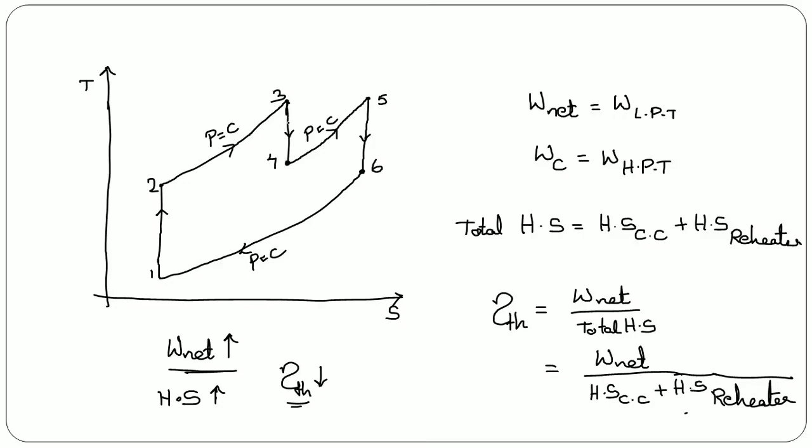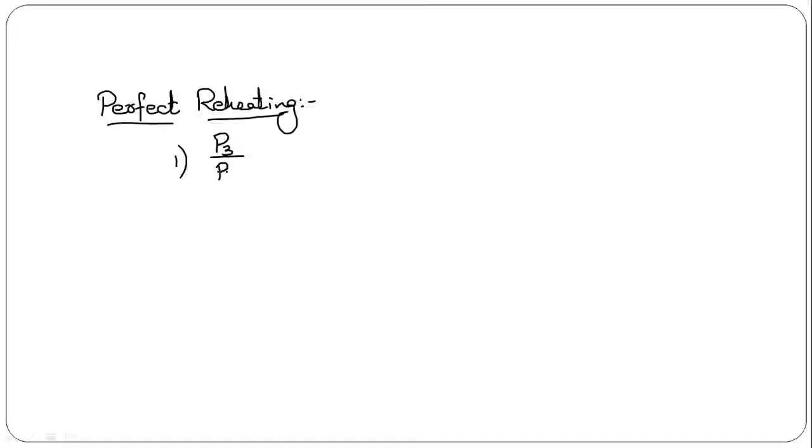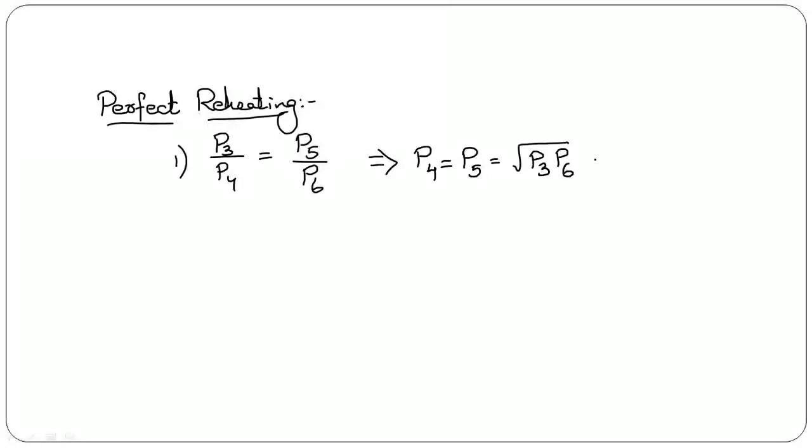So pressure ratios in both the turbines should be same means P3 by P4 must be equal to P5 by P6. So that implies in the reheater pressure is remaining constant. So P4 is equal to P5. This will be under root of P3 P6 or under root of P1 P2.